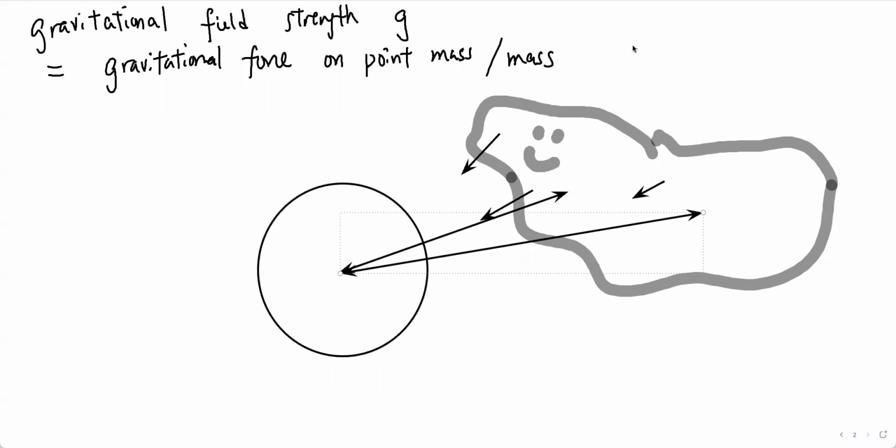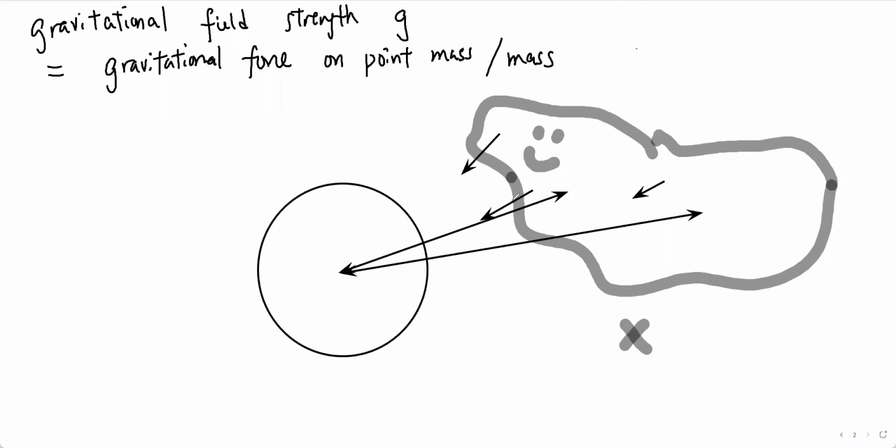If we want to find the gravitational field strength, we must use a point mass, because we are talking about the field strength at one point. Then we must use a point mass there, not like this alien spaceship.